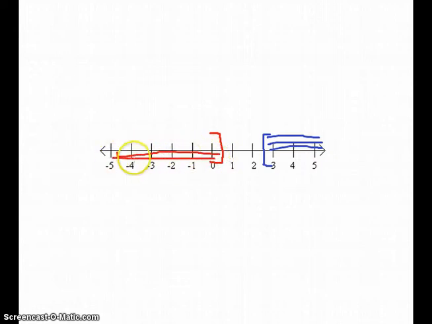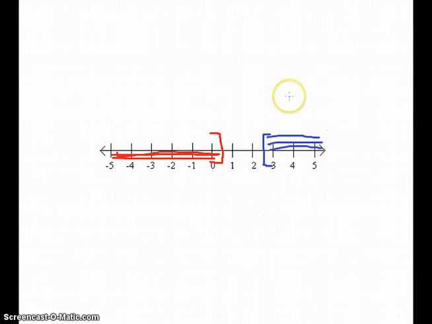So I shade to the left, and that will give me a picture of my solution. We want all of these numbers from -infinity up until this point, which is 1/2. We don't want any of these numbers between 1/2 and 5/2. Then we do want 5/2 and further on to infinity.